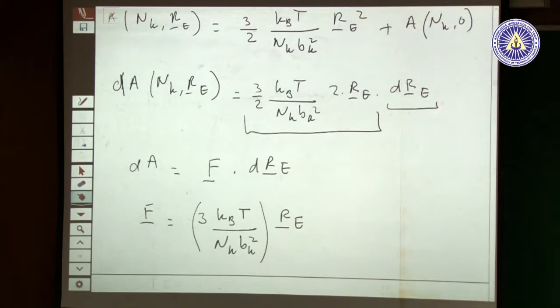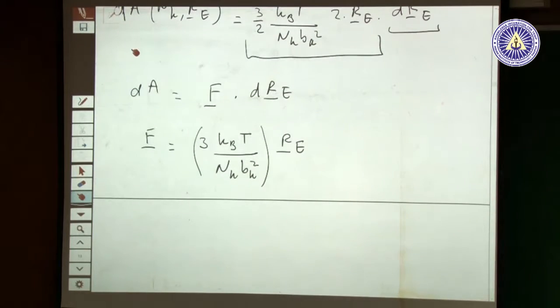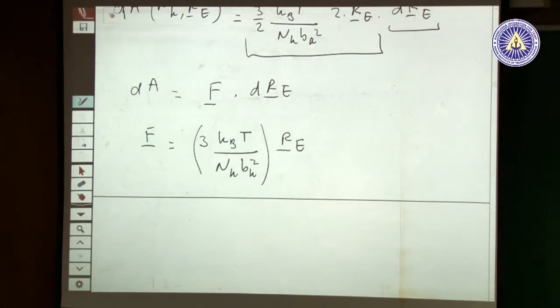So, you recognize that the force is linear in the end to end vector when I make a small change in it, right. And this is like saying that it is a spring, like a Hookean spring with this prefactor being the spring constant. So, the resistance is coming completely from entropy to stretching the chain.